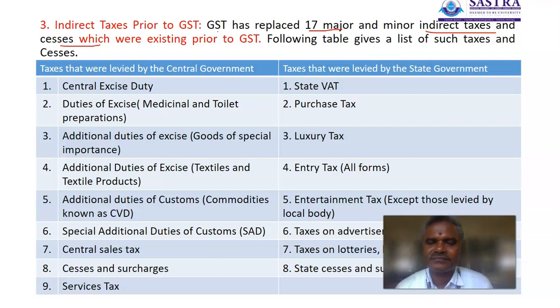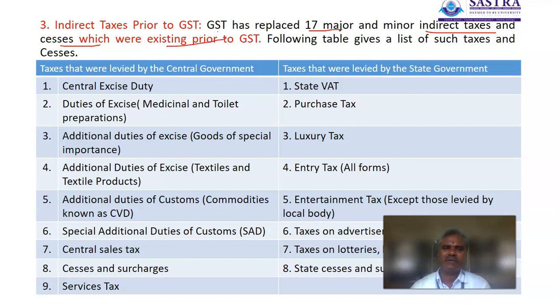My dear students, before GST we paid 17 types of major and minor taxes for our supply, for our buying, for our sale, everything, which were existing prior to GST.